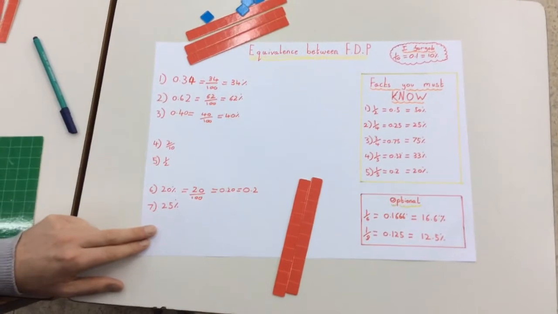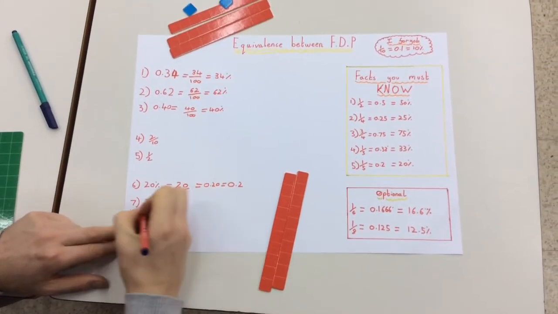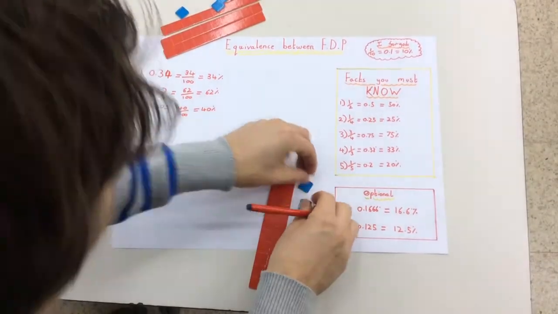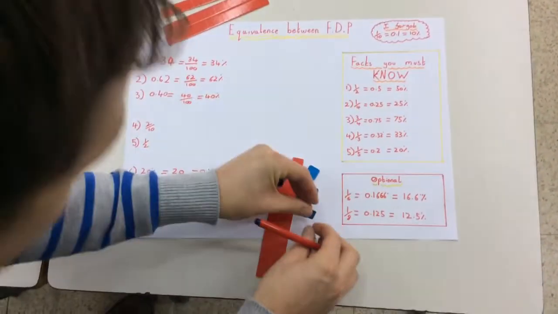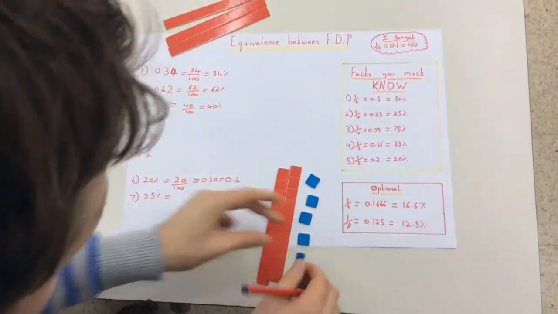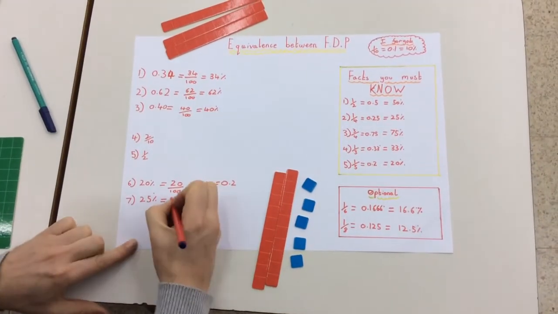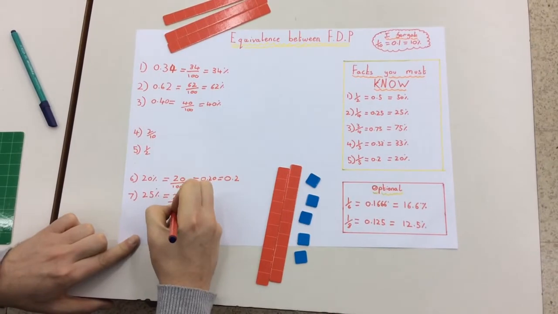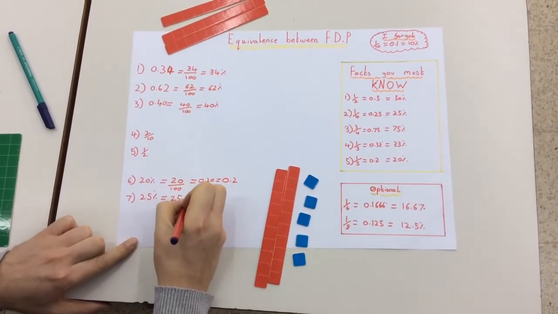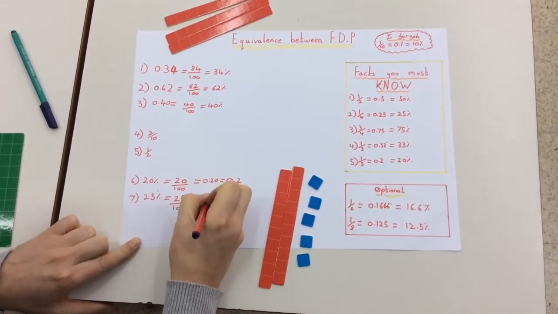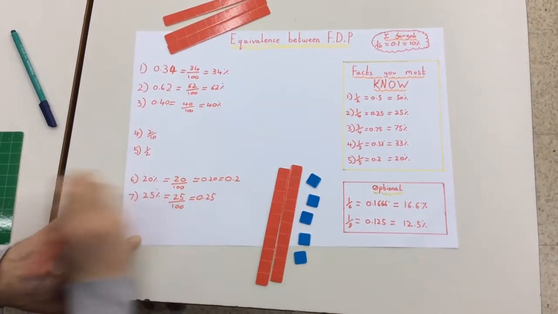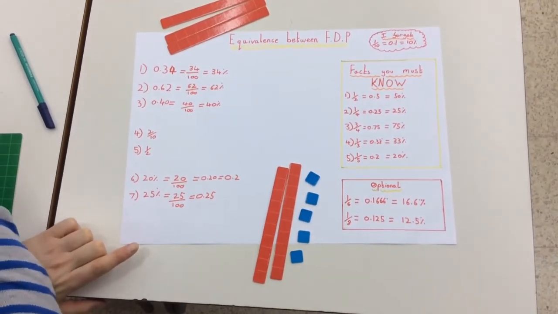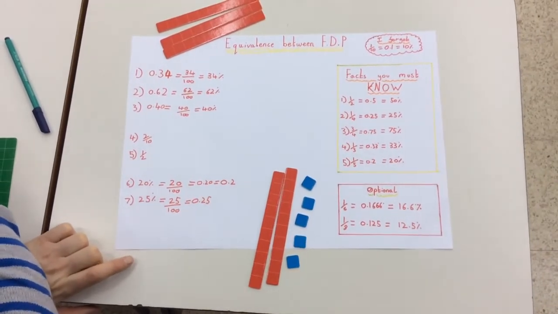And if I look at our next one here, this means 25 out of 100, which equals 0.25.